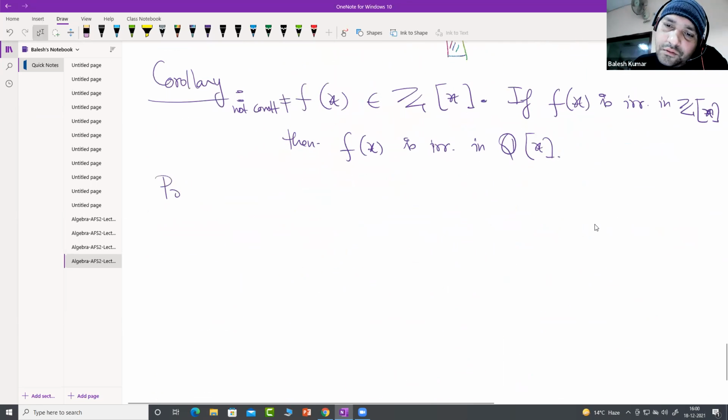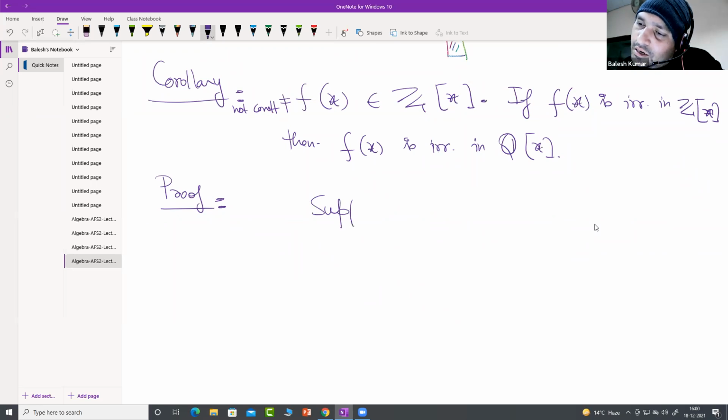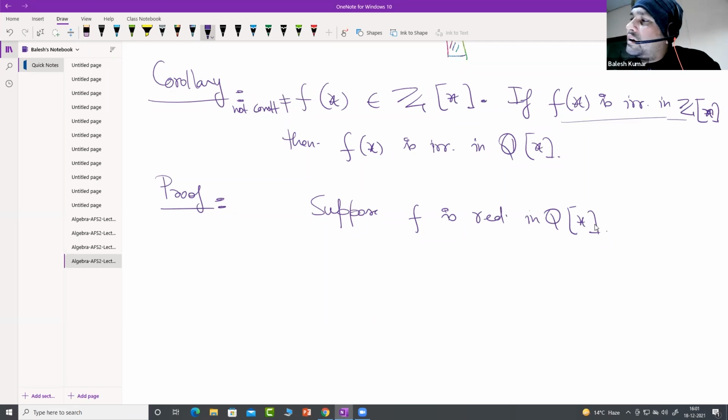Can anyone of you prove it? So try proof by contradiction. Suppose f is reducible in Q[x]; then we need to get a contradiction to the fact that f(x) is irreducible in Z[x].